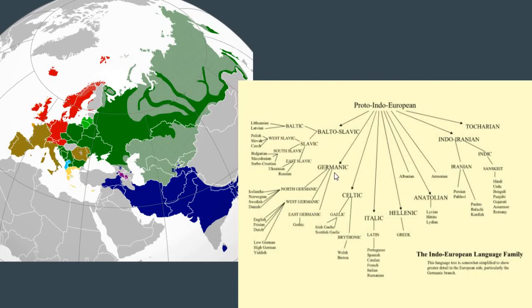Germanic then split even further into North Germanic, West Germanic, and East Germanic. West Germanic then gave birth to English, as well as Low German and High German.